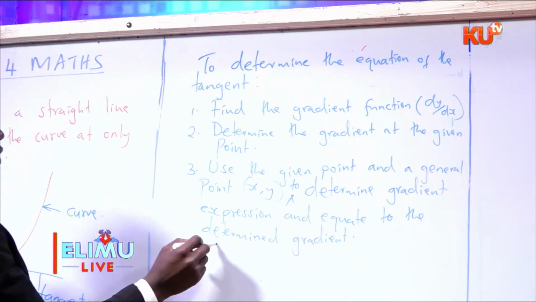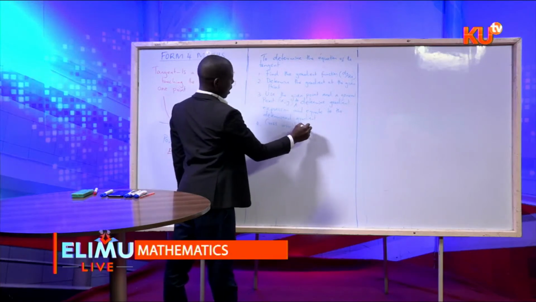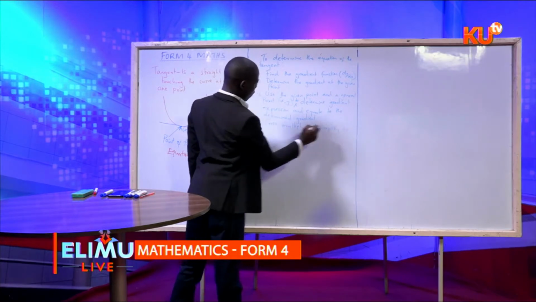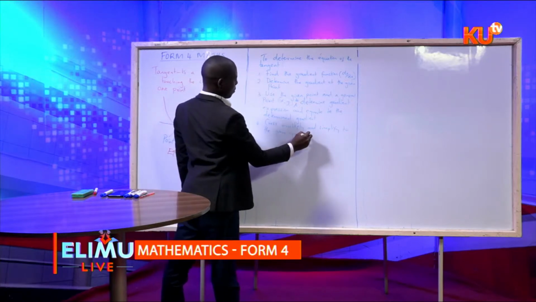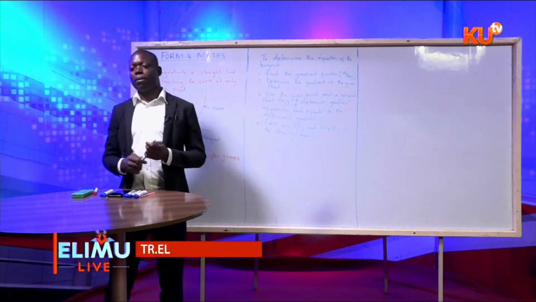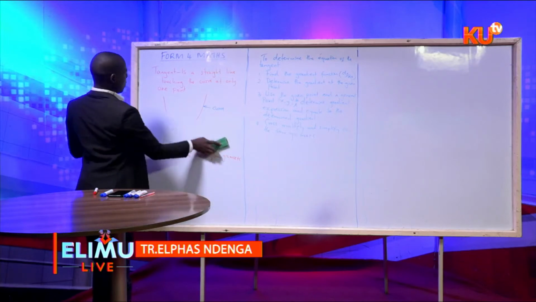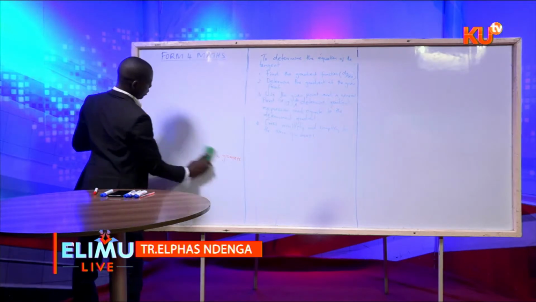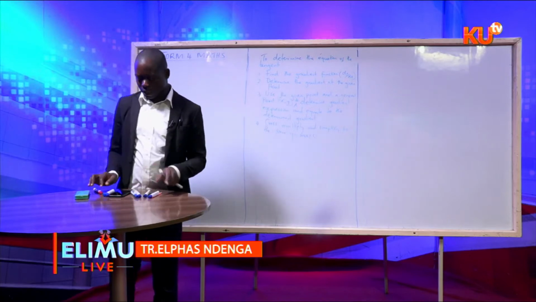And lastly, you cross multiply and simplify to the form y is equal to mx plus c.